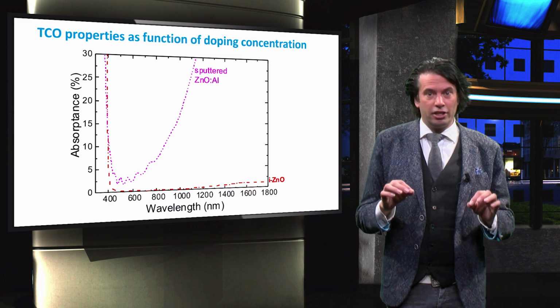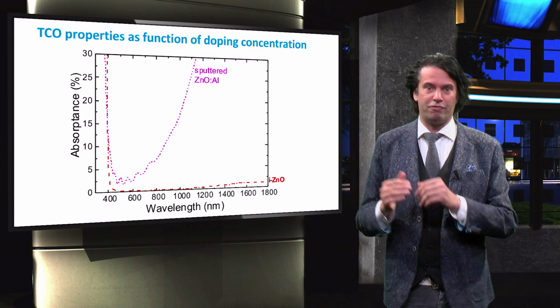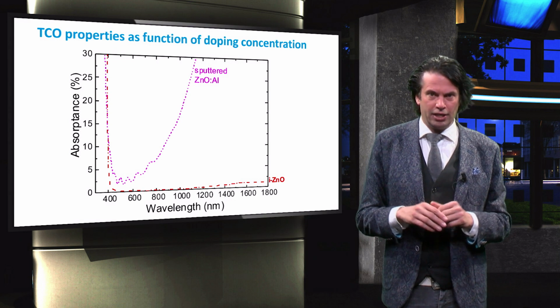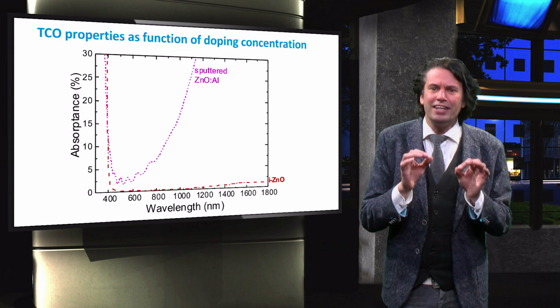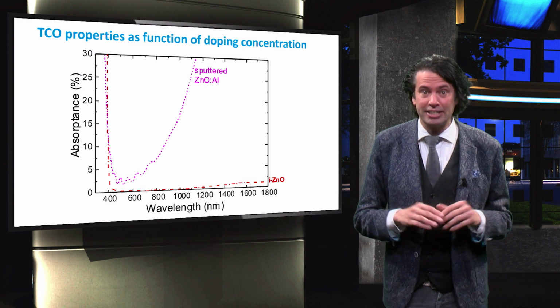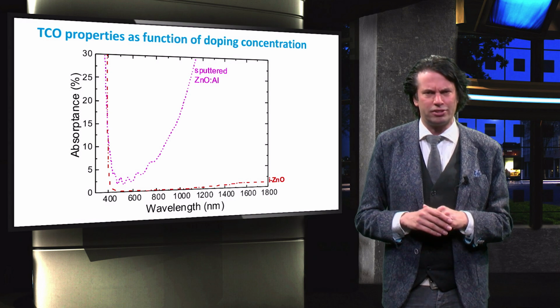However, the resistivity of the intrinsic zinc oxide is much larger. This means that in a PV device, only a relatively thin layer of intrinsic zinc oxide can be implemented to prevent a significant increase in the series resistance.